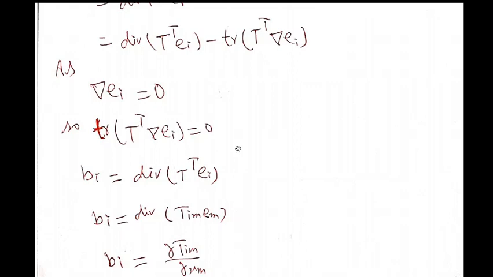And for the transpose, that will be Tij Ej. Basically you can write Tij Ej.